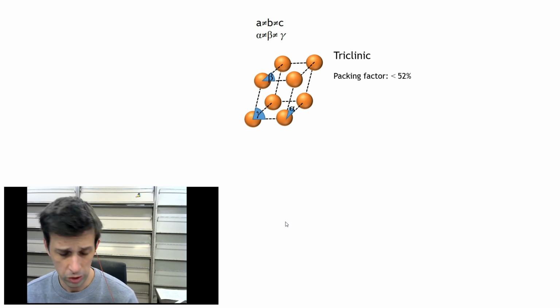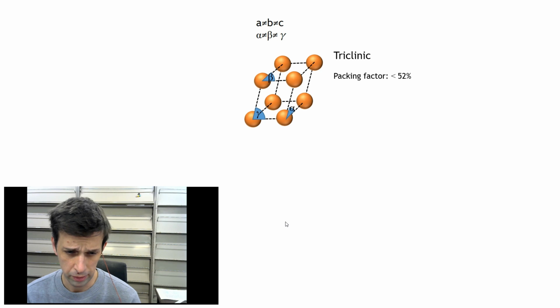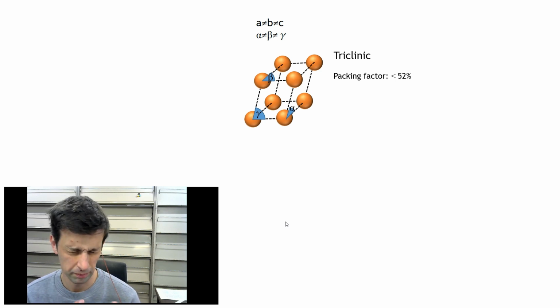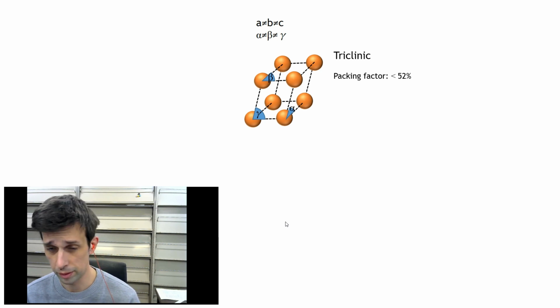So, which structure is stronger? Which structure is weaker? This is a question that doesn't really have an answer, because it also depends on the elements, on the bond, on the strength of the bond. Metals like to stay close together, so metals usually have structures with high packing factors, like body-centered cubic, face-centered cubic, or hexagonal. Hexagonal is titanium, for example.